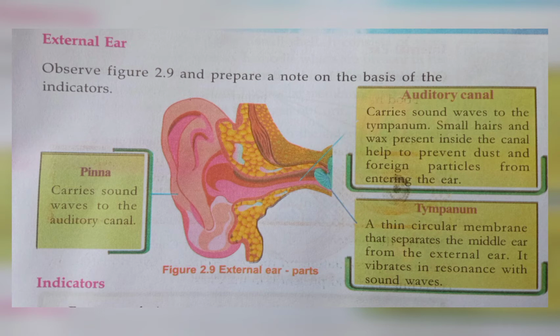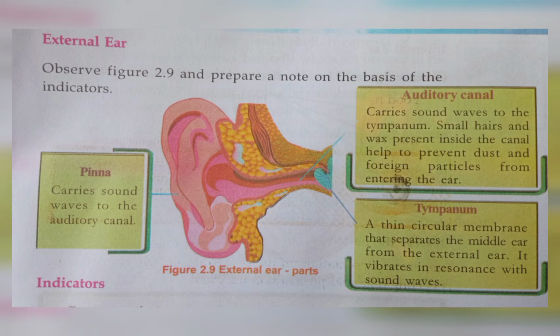What does the pinna do? When sound falls into the pinna, it helps carry the sound wave to the auditory canal. That is the pinna's function. The second one is the auditory canal.